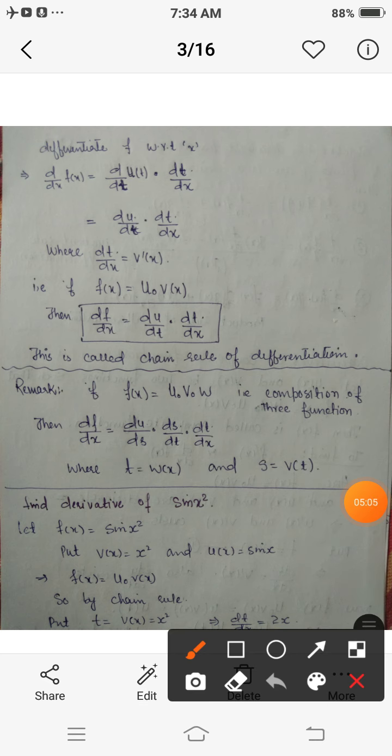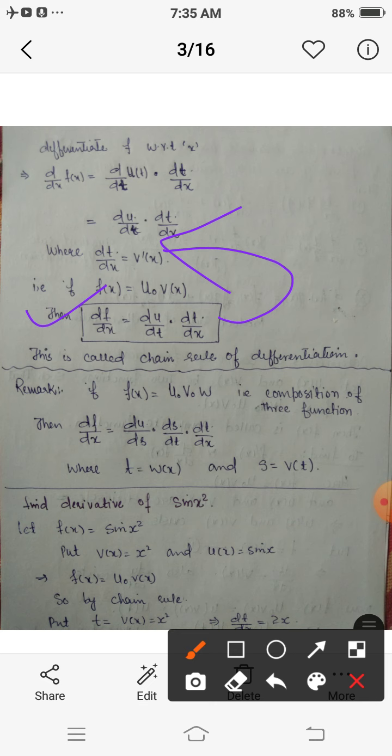So df by dx is simply du by dt into dt by dx, where dt by dx is v dash of x, because from the first. This rule is simply called the chain rule of differentiation.